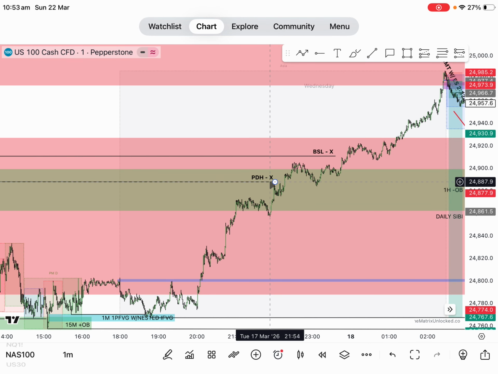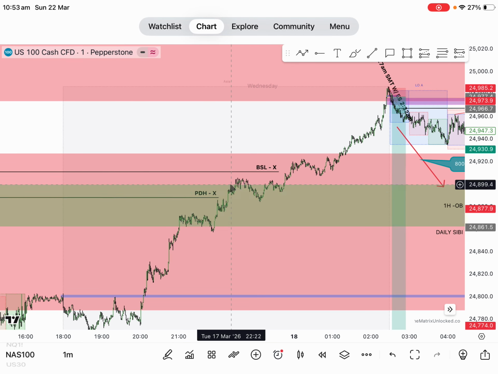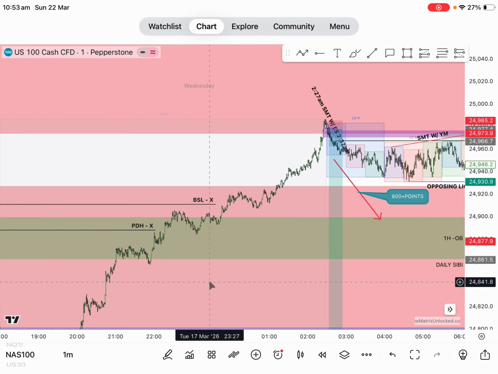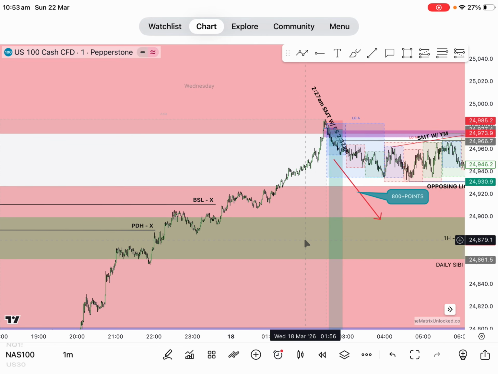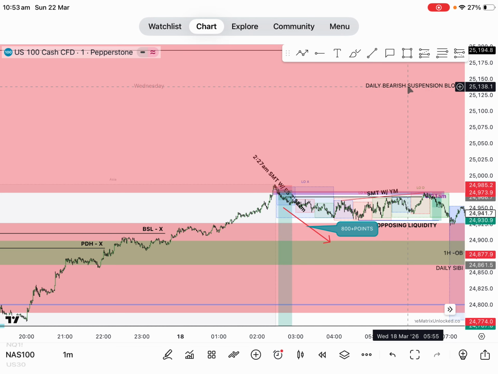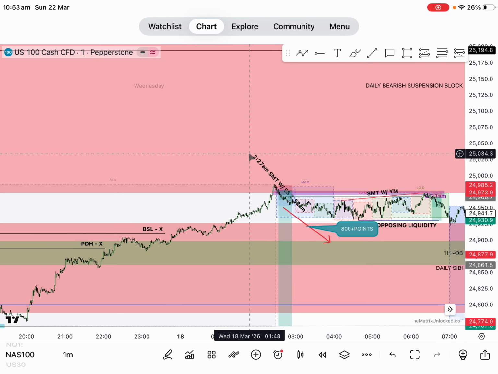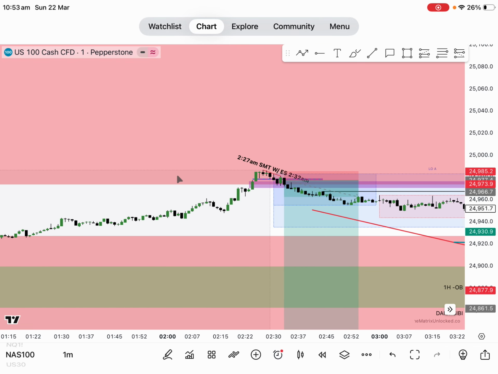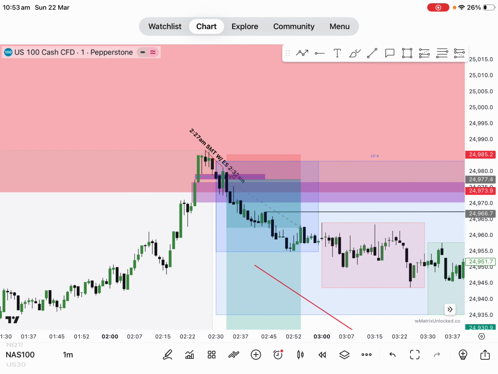10 p.m. comes, previous daily high is taken, major buy side liquidity is taken, and this is just climbing up the daily BC, and then it's disrespecting this bearish order block. So you might be thinking, oh, this is bullish, but no, look. As soon as it's stabbed into this daily bearish suspension block on Tuesday at 2:32 a.m., that's the time of the smart money reversal.